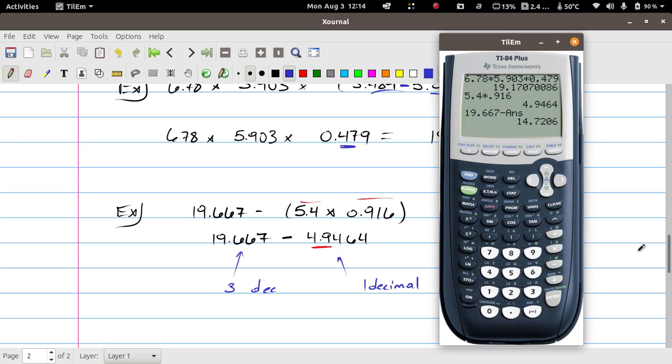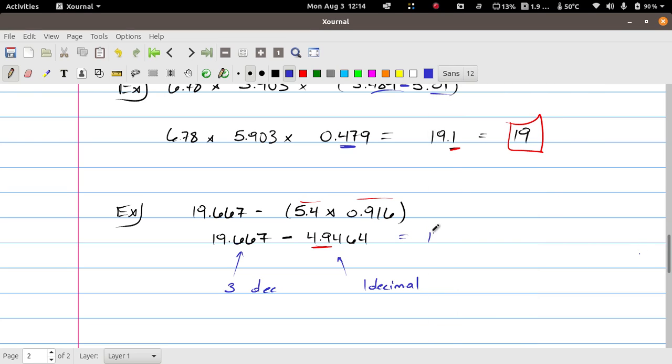We need 1 decimal place, so let me write down those. That's the decimal place we're looking for. That's what's getting dropped off. So it's less than 5. Our answer is 14.7. And that's really how you do these problems.